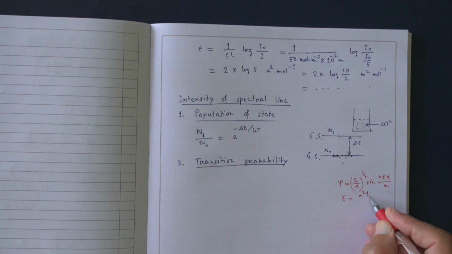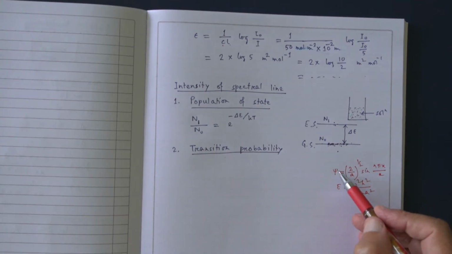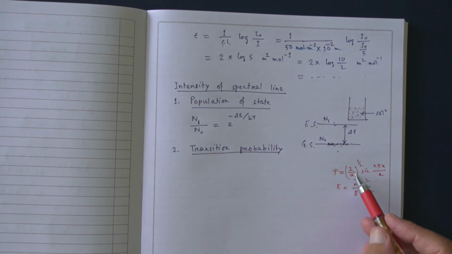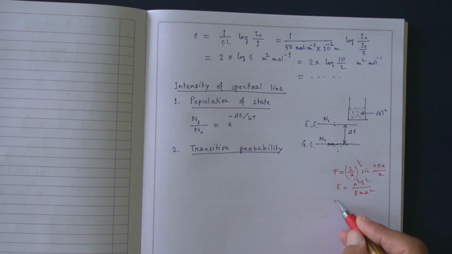Energy equals n square h square by 8 m a square. This is the wave function and energy of a particle in a one-dimensional box. Similarly, say harmonic oscillator. For the harmonic oscillator also we have a wave function which depends on the quantum number v, and for energy we have this expression.